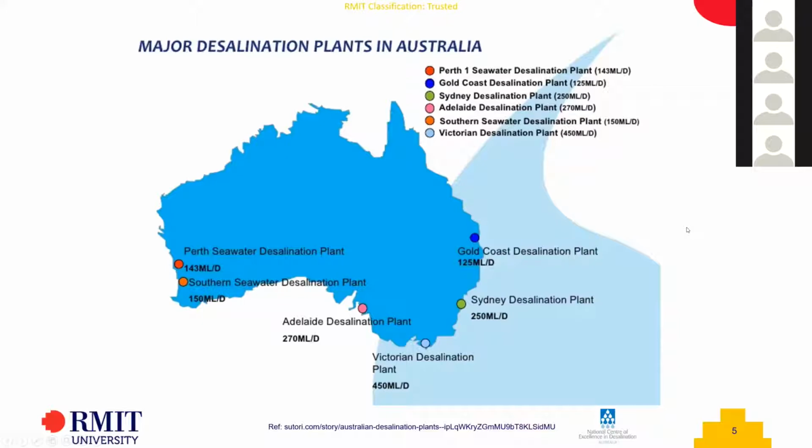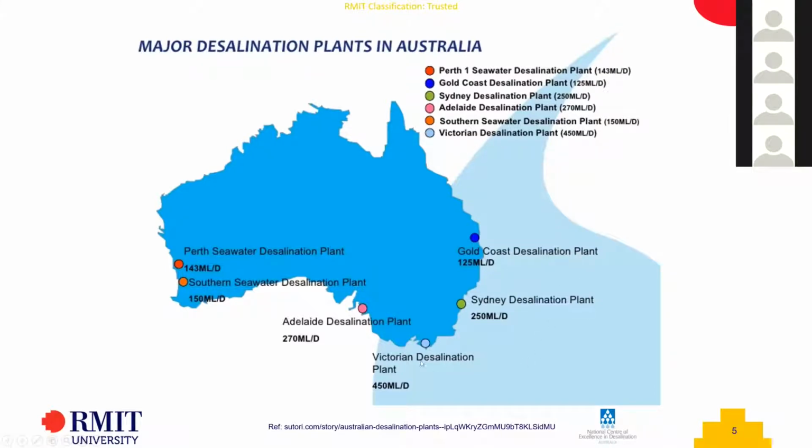Australia is considered one of the driest continents on Earth. Probably many of you know that most of the population in Australia is spread on the southeast coast and west coast. And that's why you can see all these major plants were built along the coasts.